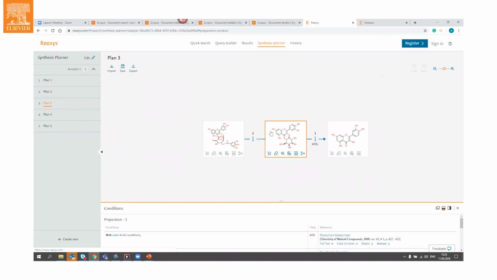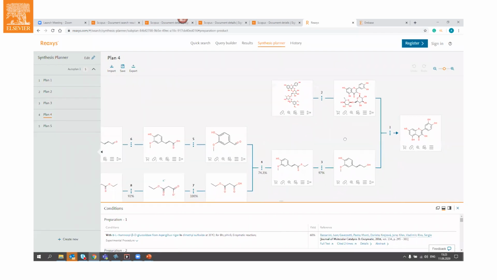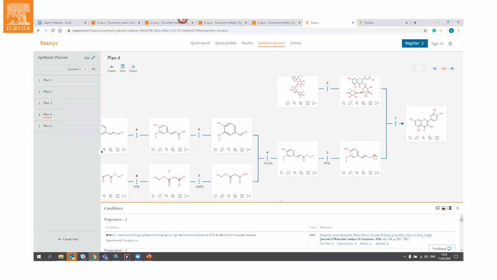Well, looks like this compound is a typical intermediate for getting quartzitol. Maybe this is a natural compound, but also you got the idea. So for each stage, you see the previous stages, and Reaxys combines this puzzle for you.